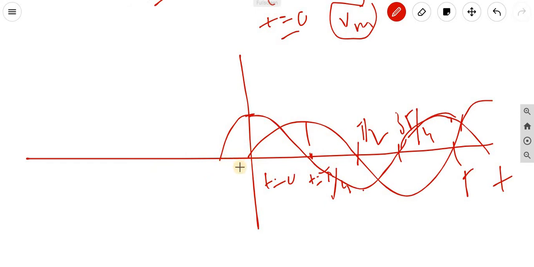Now see, at this point this is the current and this is the voltage. At t equal to 0, suppose you shift in this way, where would it be?